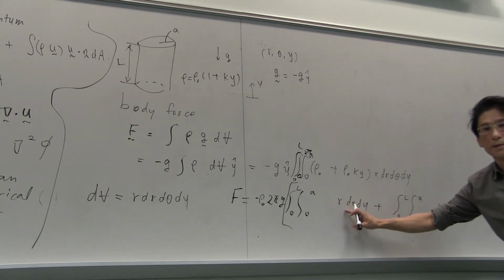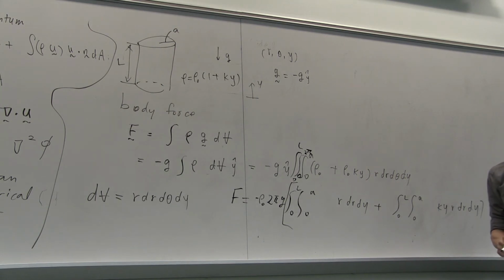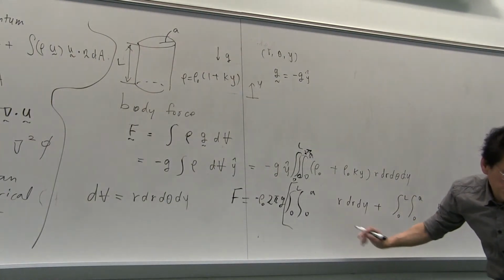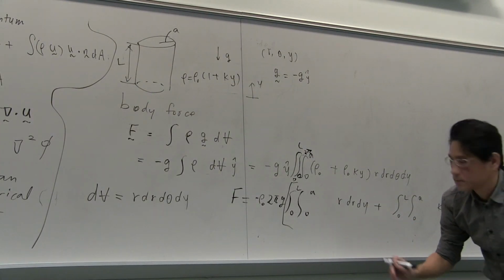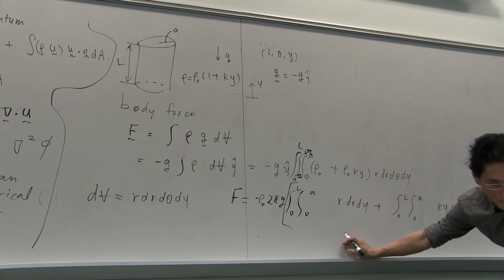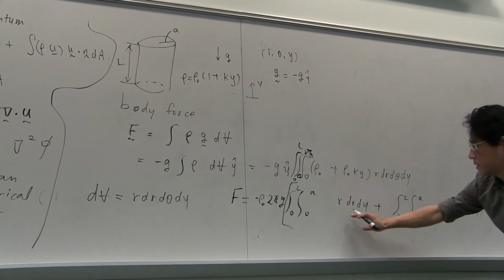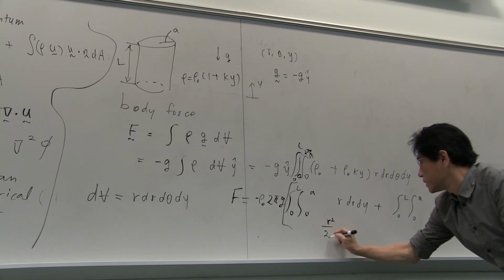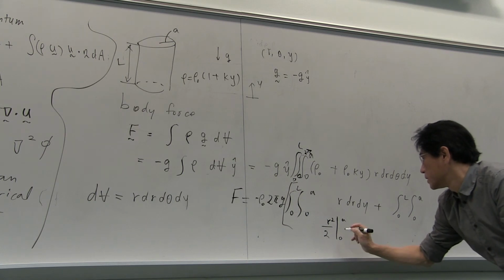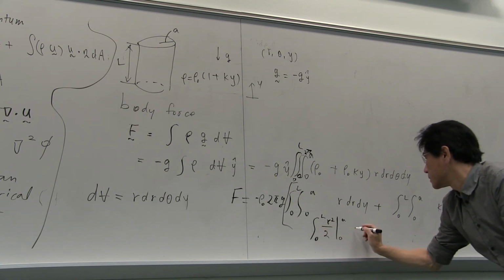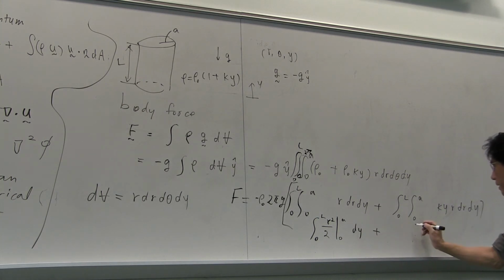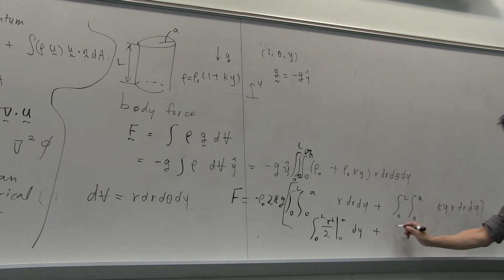If you integrate r, you get r squared over 2, from 0 to a, and you still have the dy integral over 0 to L. For the second term you take the k out.